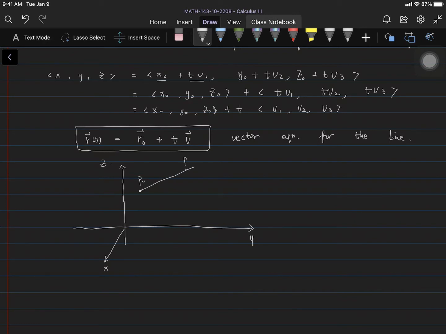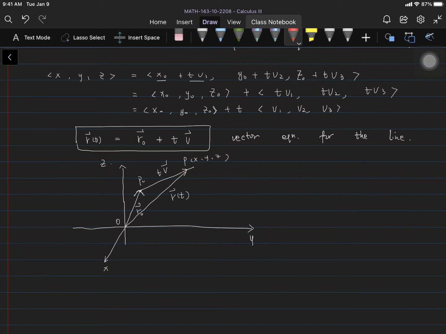Here's a P, which is x, y, z. We call the OP vector r, and the vector OP naught is the r naught vector, plus the P naught P vector. That vector is parallel to the given v vector, so it should be t times v, and it equals the sum, the OP vector, which is r of t.